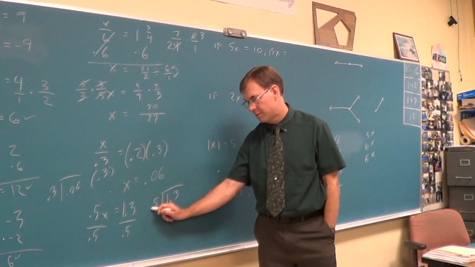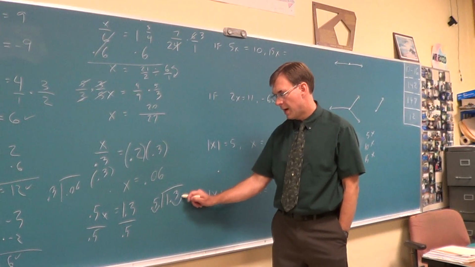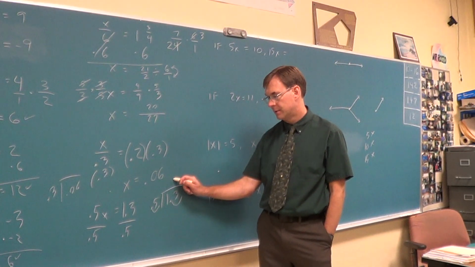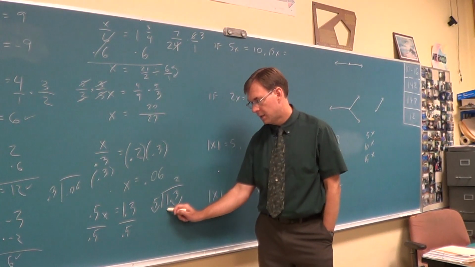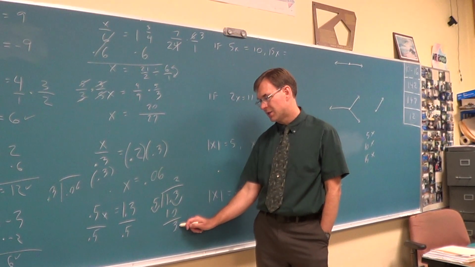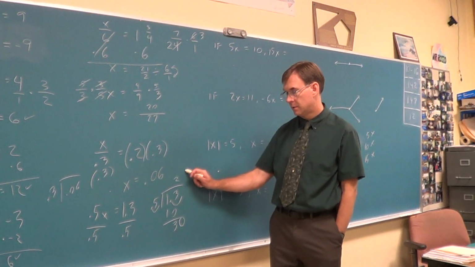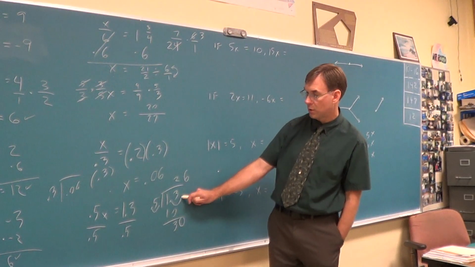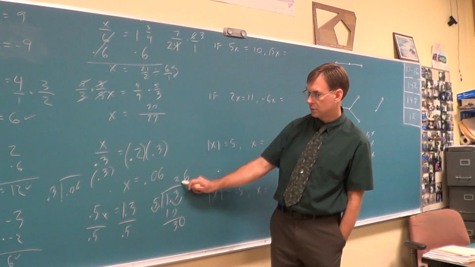It makes you move the decimals to the right. 5 into 13 is 2. 2 gets you 10, leaves us 3. We're at a dead end, so drop a 0. 5 into 30 is nice. It goes 6, and then the decimal goes straight up.